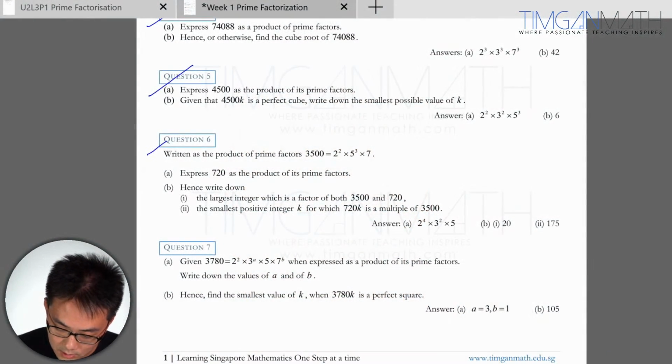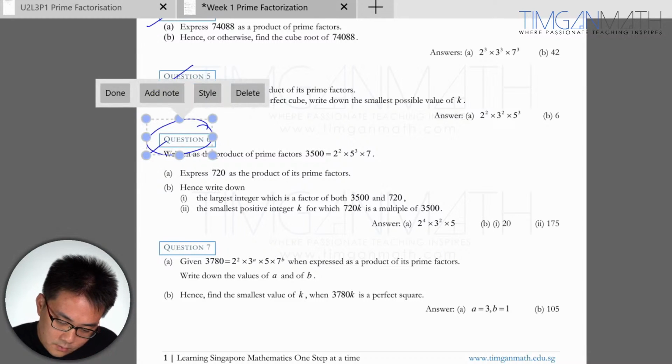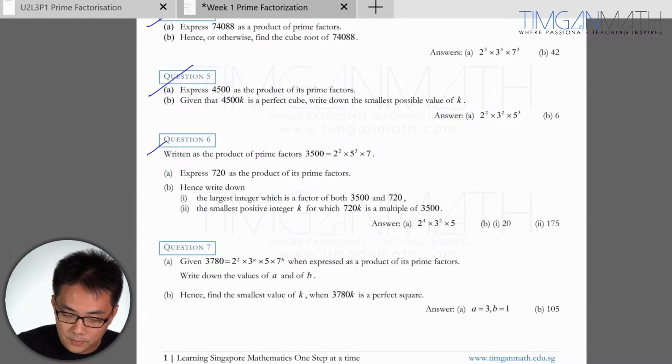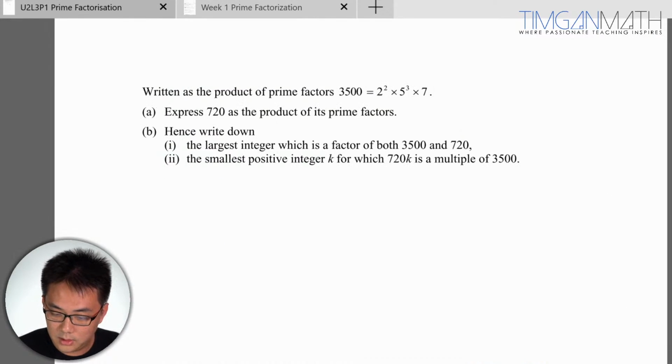U2 L3 P1. Question 21. Okay, great, got it. Let's look at that. So we are looking at this question here, question 6. Let's see.